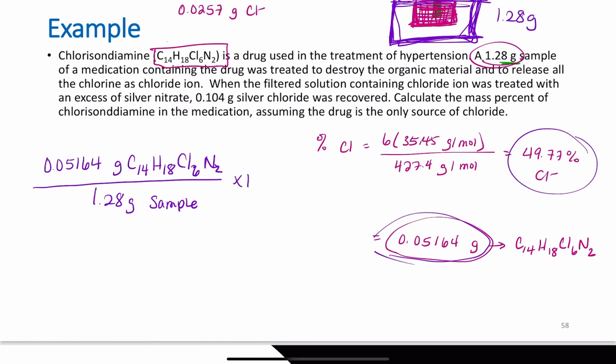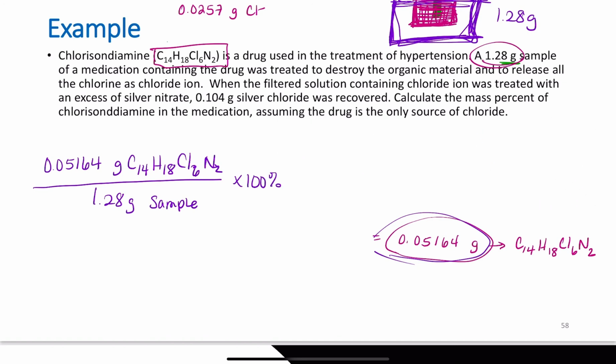Multiply this by 100% to figure out the percentage. So 0.05164 divided by 1.28, multiplied by 100, and we find the answer to be 4.03%. Note that I have 3 sig figs here, so I'm going to keep 3 sig figs in my final answer. And so the mass percent of chloroisodiamine in the medication, assuming the drug is the only source of chloride, is 4.03%.